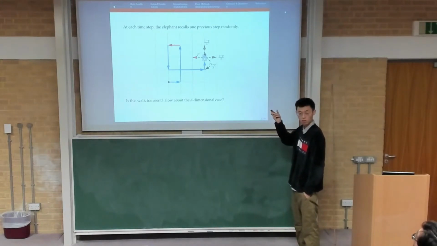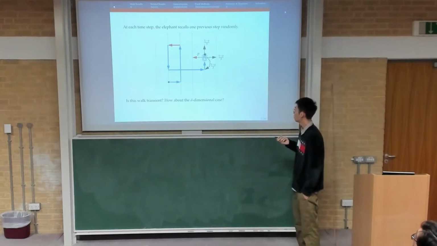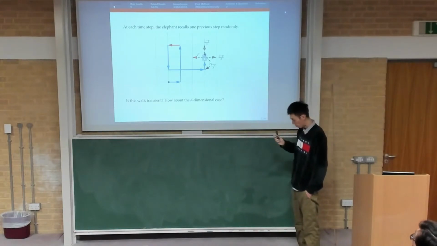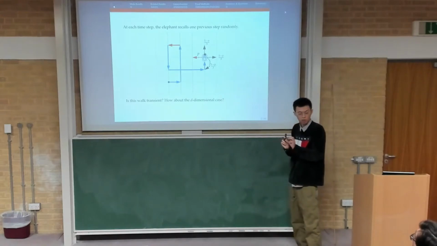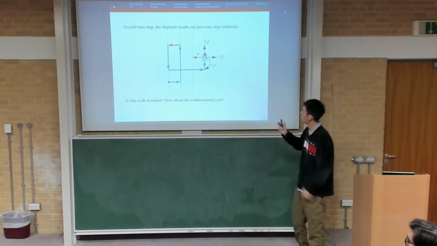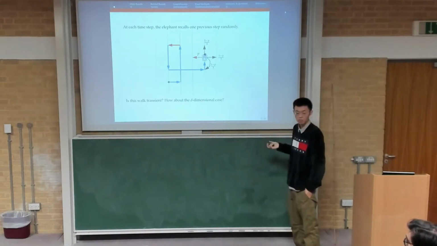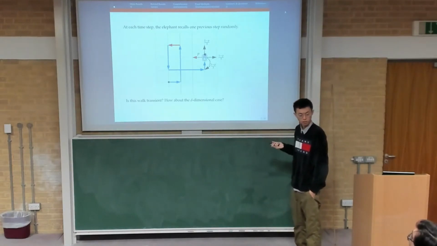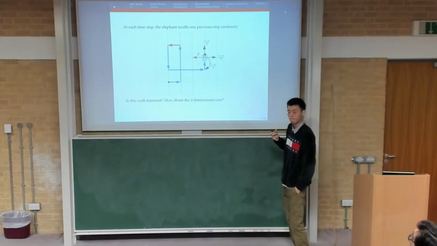For example, in dimension 2, when p equals 1/4, it's just a simple random walk. No matter which direction you choose, each of these 4, e1, minus e1, e2, minus e2, has equal probability 1/4. So it's just a simple random walk.